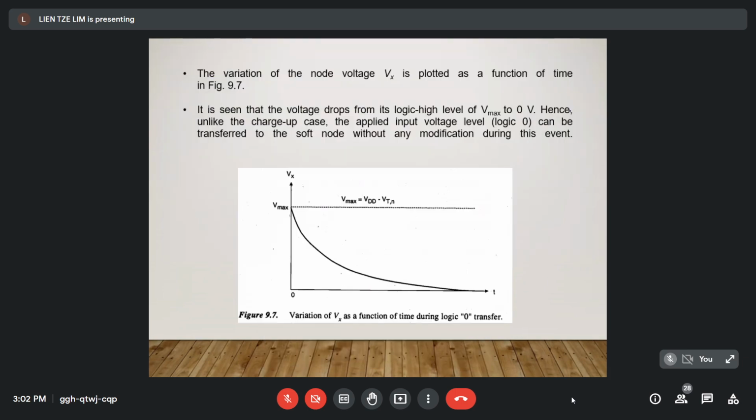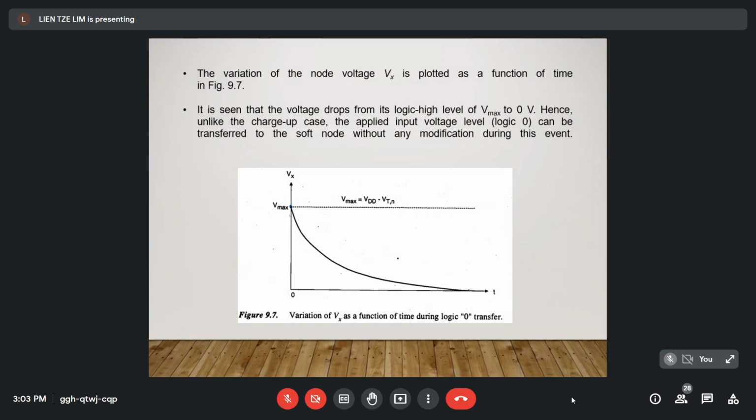So the plot starts from Vmax, and then when the clock rises to VDD, the node voltage Vx will drop from Vmax to 0.